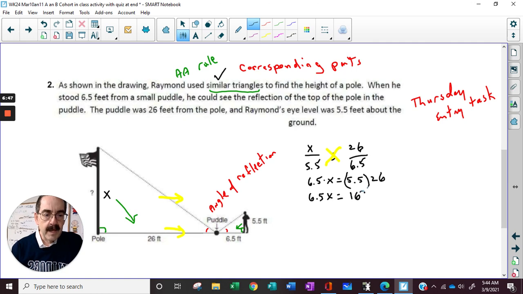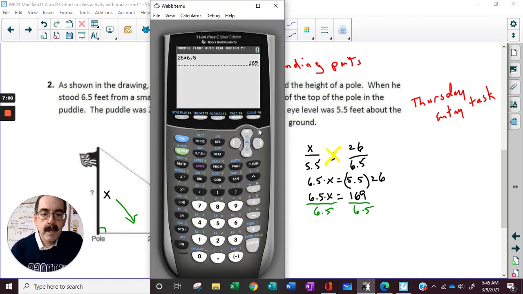Then as a class we always chant, what's the opposite of multiply? Divide. And what do we get? When you're using this, it automatically remembers the 169. Just hit divide.